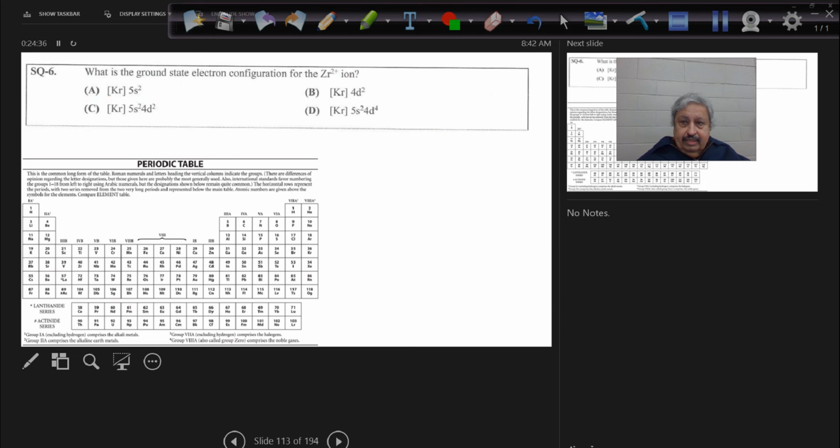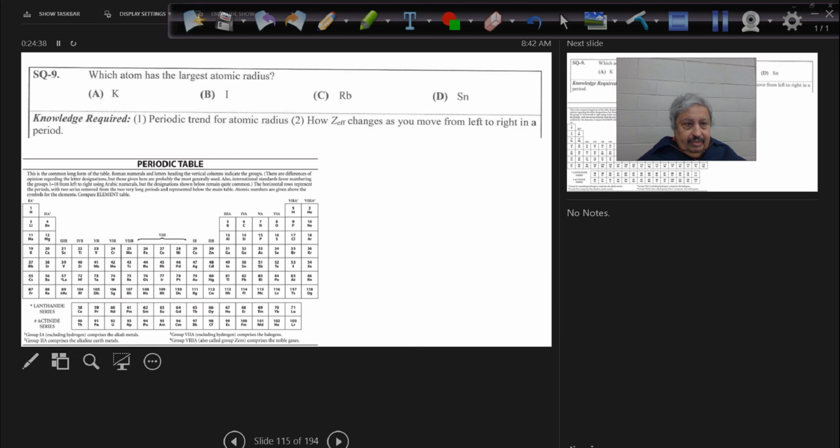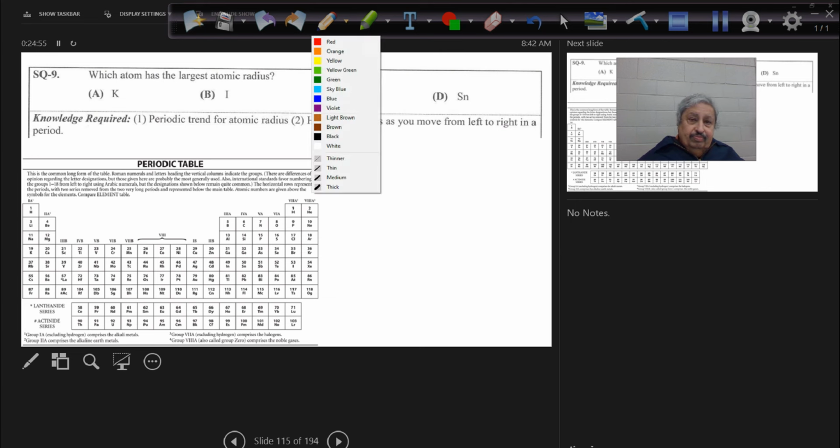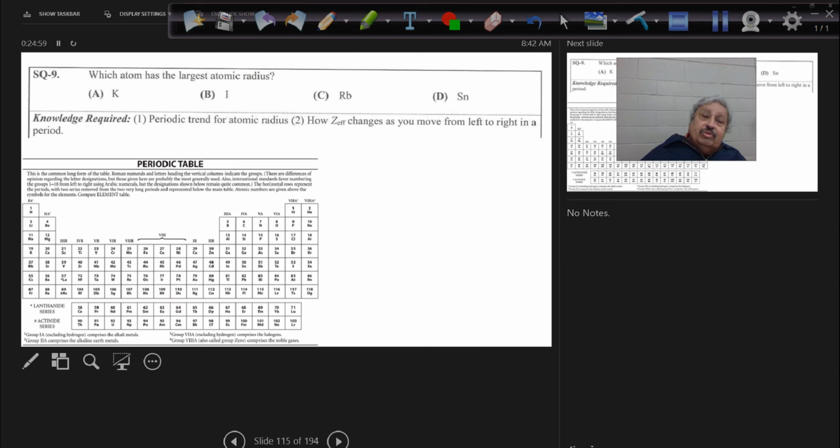Okay, so let's see if we can get which atom has the largest atomic radius? Potassium, iodine, rubidium, or tin? You look at their position in the periodic table, correct? In each of those, potassium: group 1, period number 4.